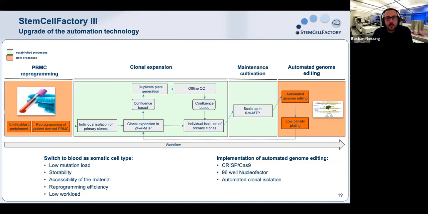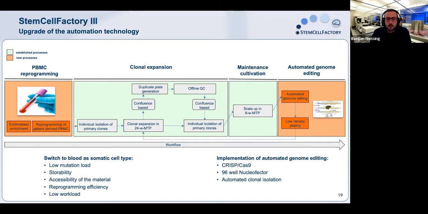Yes. So as I mentioned, we started 10 years ago, and as it wasn't enough for us to only reprogram fibroblasts, we started to implement 2 new processes on the stem cell factory in the last years. The first new process is the reprogramming of erythroblasts. So we can use patient blood samples for the whole reprogramming process.